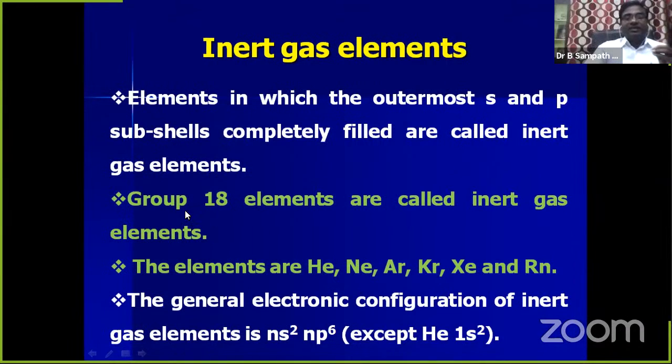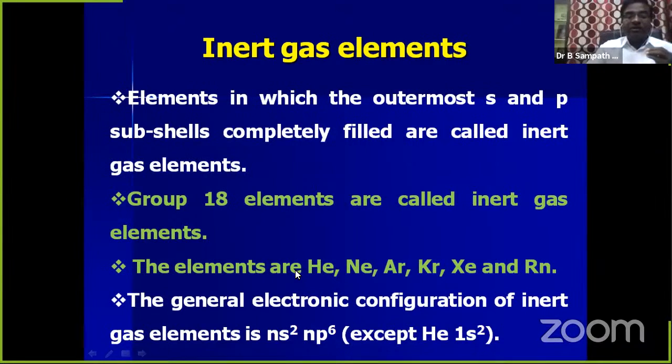Because only in group 18 are the outermost S and P subshells completely filled. In the remaining groups, the outermost S and P orbitals are not completely filled. Group 18 elements are called inert gas elements.